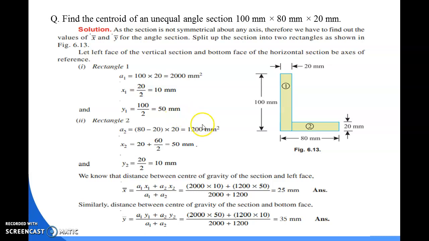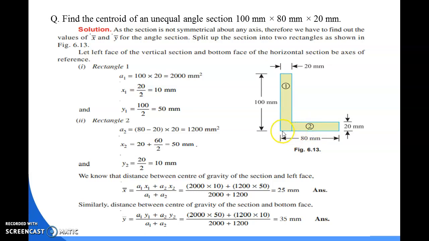Now coming to the second section, that is this one. First of all, the area of section 2 is equal to 60 into 20, because the total length from here to here is given as 80 mm, but section 2 is starting from this point.